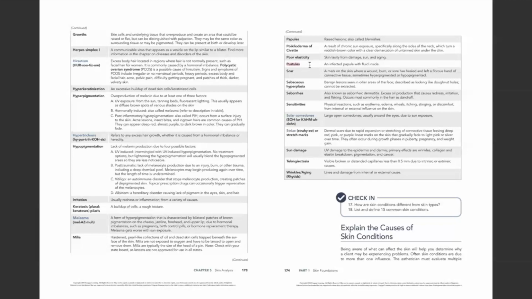The root words will help you out a lot. Hyper, an overactive, extra, more of, versus hypo, a lack of, less than, very little. So understanding the words themselves is going to help you out, but pigmentation is definitely going to be on the exam. Acne lesions and the difference between them will be on the exam.